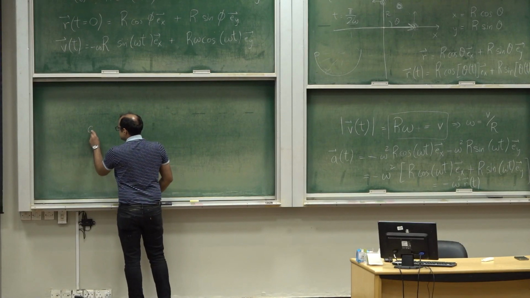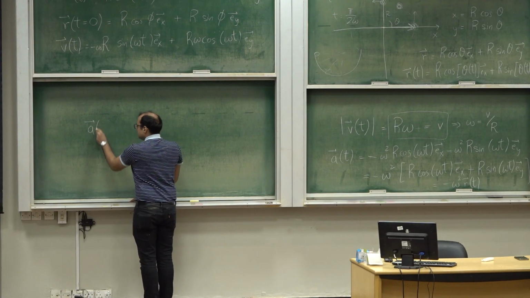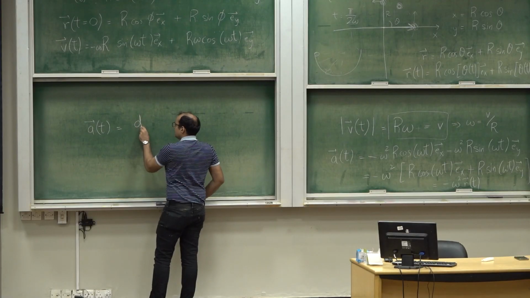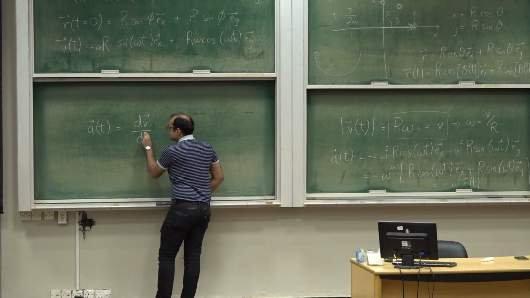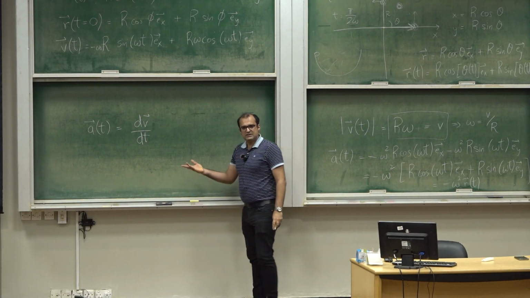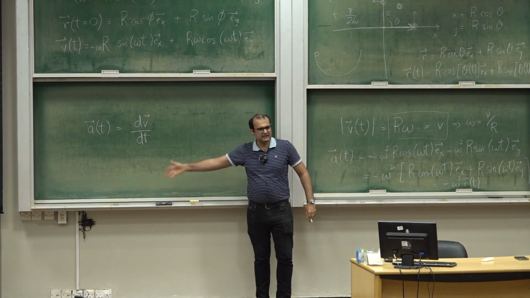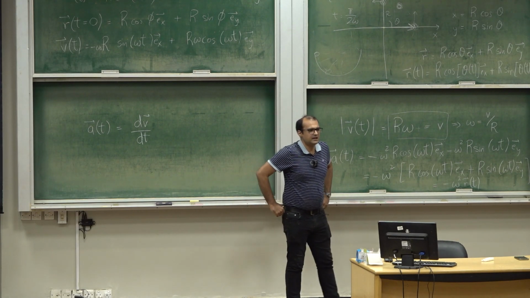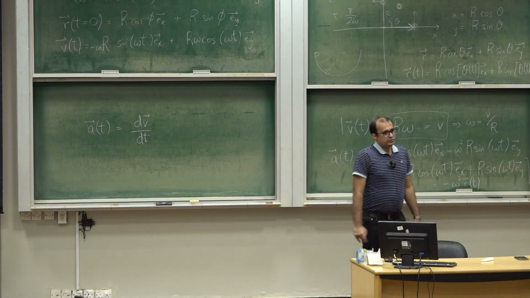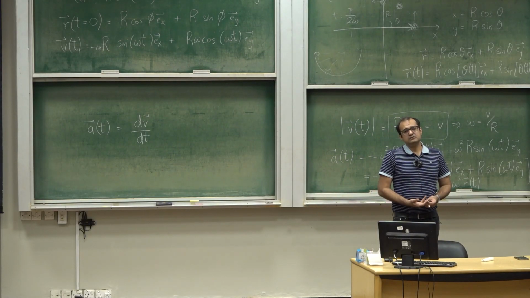So given the acceleration vector, how can I find out the velocity vector? The simplest way in this case would be, you can take the antiderivative, you can look at calculating sums as well. You can look at what you did in 1D.